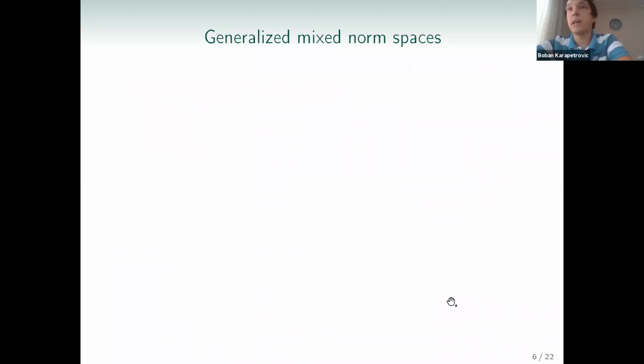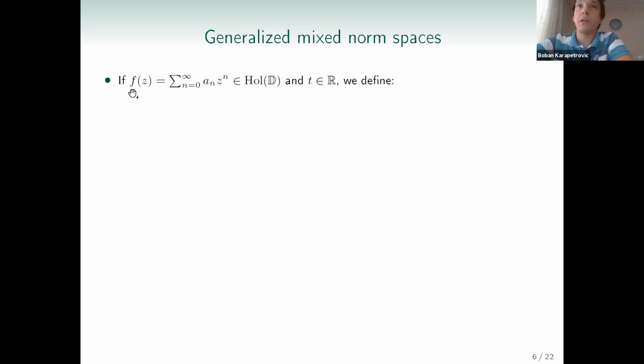Now we have the generalized mixed norm space. Again, function f is holomorphic in the unit disk D with this Taylor expansion. We also have a real number t, and now we can define the Hardy-Littlewood fractional derivative of order t of function f given by this series.